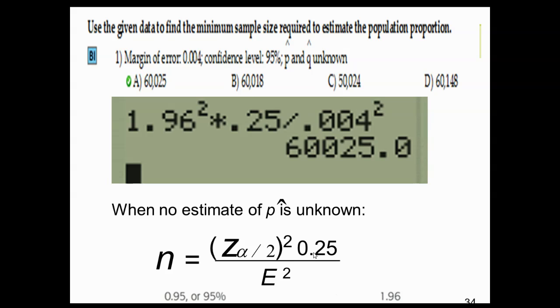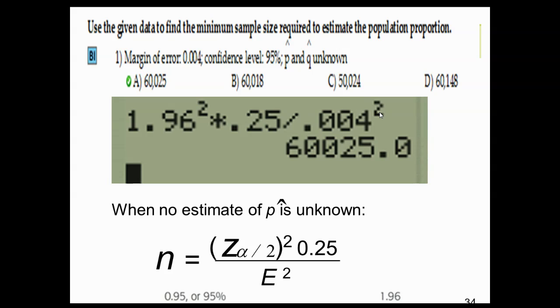That's where I'm using this 0.25 here. If I knew what p hat and q hat were, I would put the product here. Since I don't know, I use 0.5, both of them, so the product is 0.25. The z-score associated with 95% is 1.96 times 0.25. There it is here, divided by the error squared.